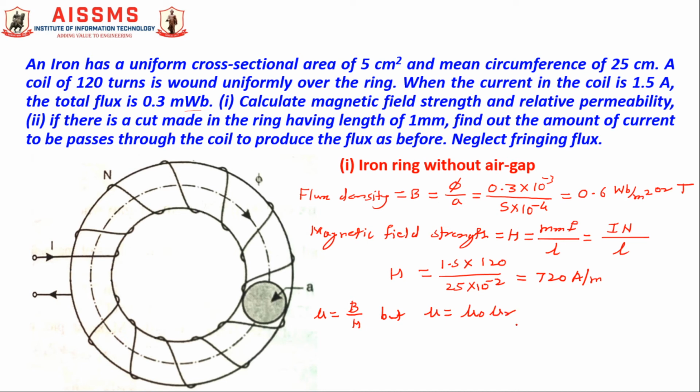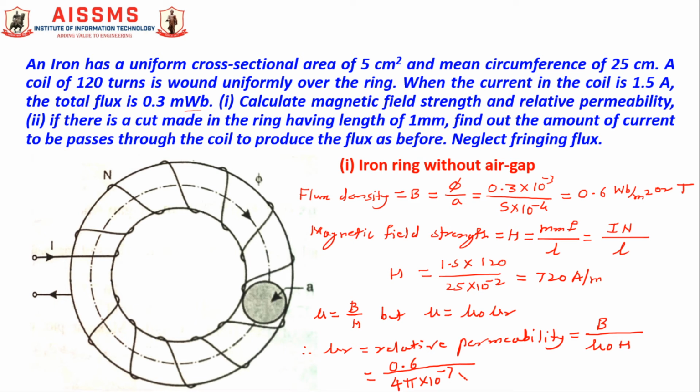Therefore mu r is equal to B divided by mu 0 into H. So it is equal to B, which we calculated in step number 1, 0.6, divided by mu 0, which is fixed, 4 pi into 10 raised to minus 7, multiplied by H, which is 720. So finally we get mu r equal to 663.15.